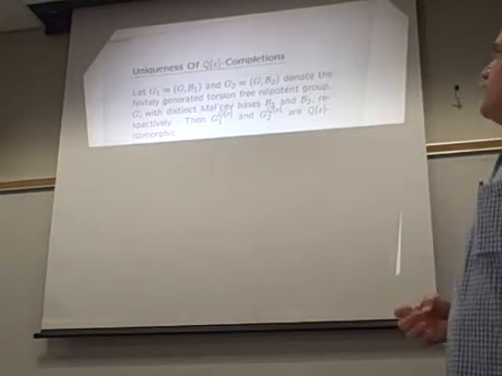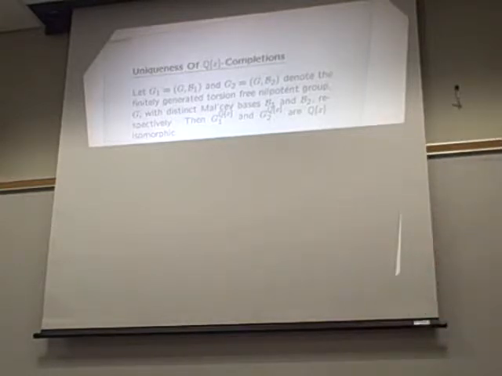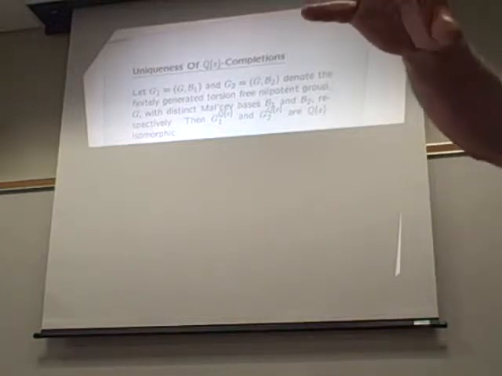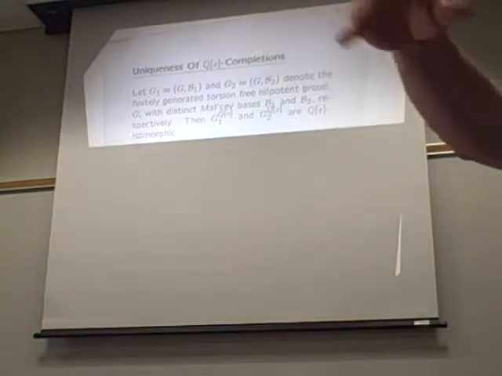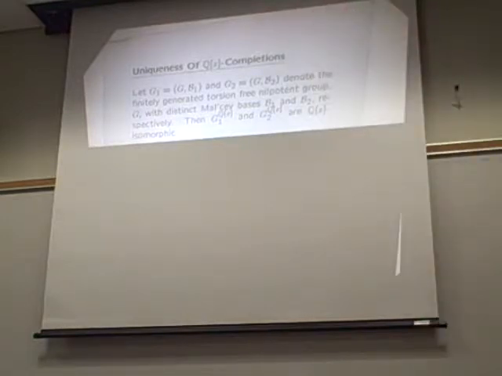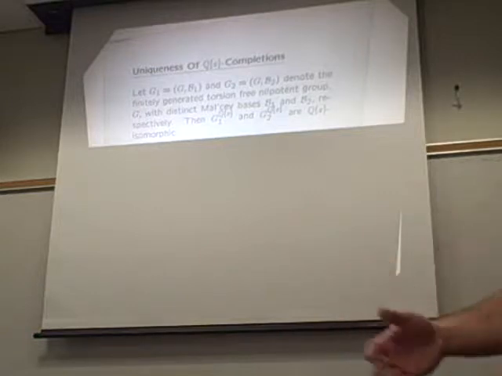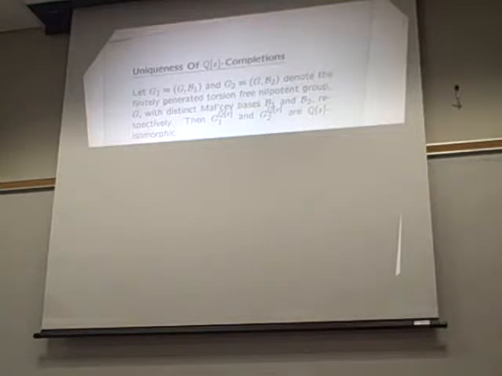Well, it turns out this theorem says no. If you have a finitely generated torsion-free nilpotent group and you choose two different Maltsev bases, then when you complete with respect to the bases, they are Q^X isomorphic. This result comes from a theorem in my paper, and the proof uses the collection process that Philip Hall used in his work.